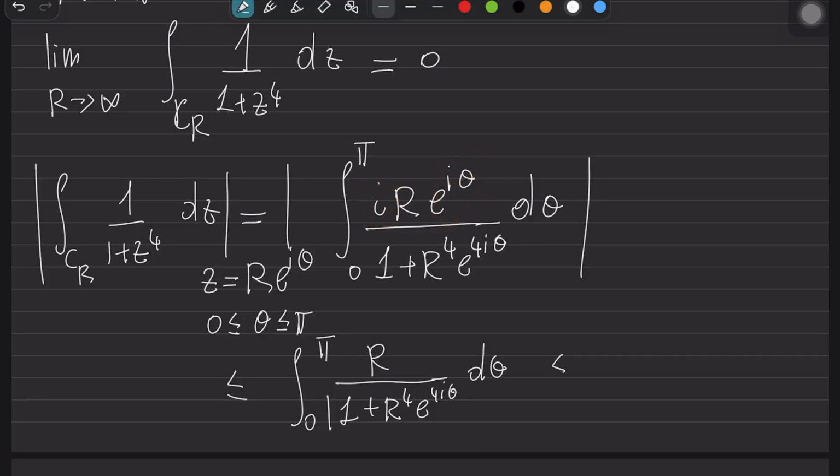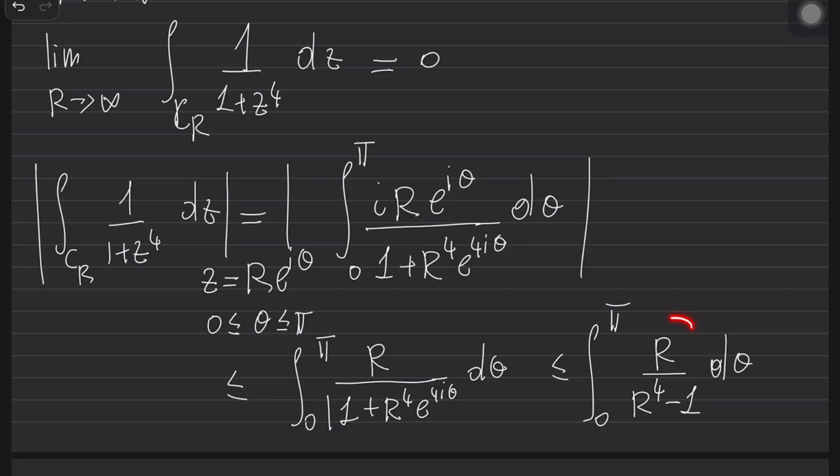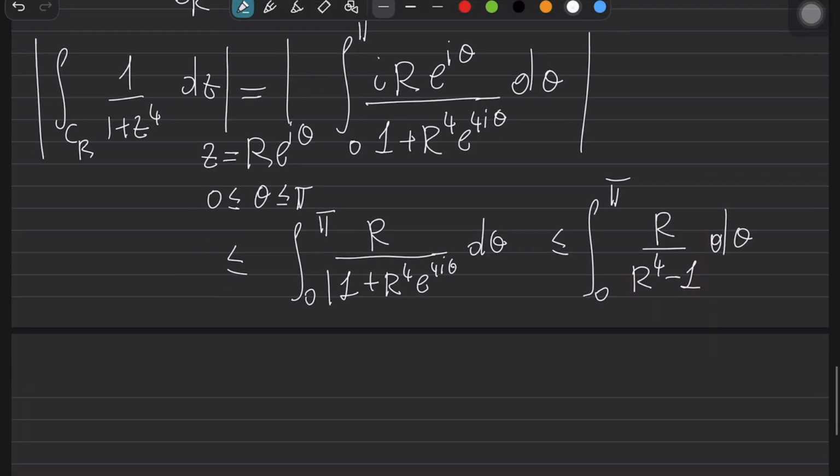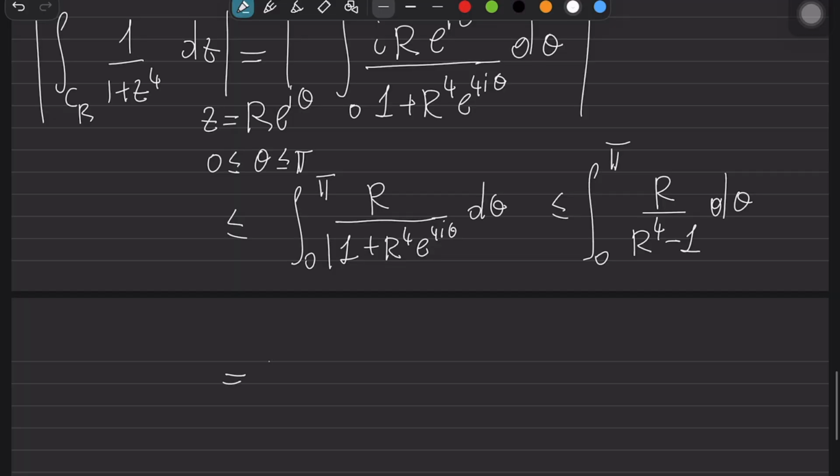And this is less than or equal to the integral between 0 and pi of r divided by r to the power 4 minus 1, d theta. And now the magic happens, because this does not depend on theta anymore, so we can evaluate this integral explicitly as pi times r divided by r to the power 4 minus 1.